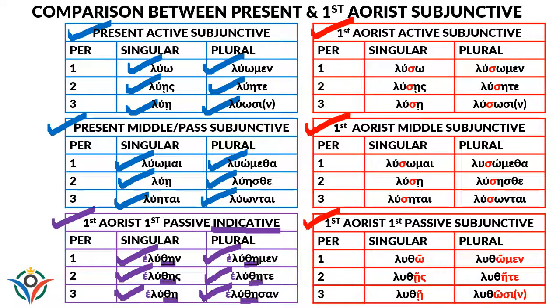And then the last difference is that the first aorist passive subjunctive forms take primary active endings, which I've highlighted there in red for you. So let's go through them very quickly. The singulars, we have luthO, luthEis, luthEi. The plural forms, luthOmen, luthEte, and luthOsin. All right, so learning the first aorist forms is going to be tricky at first because we are used to seeing secondary endings, but in the subjunctive mood, they take primary endings.